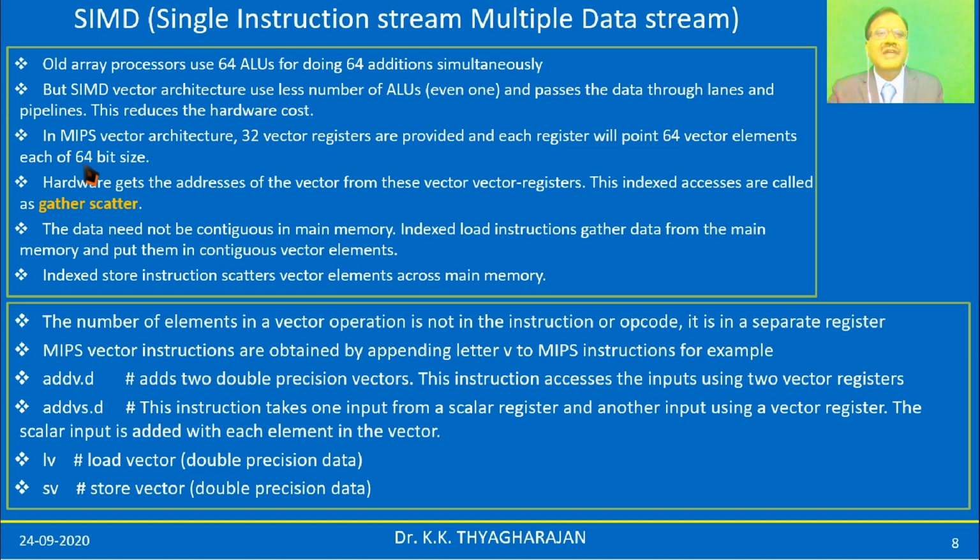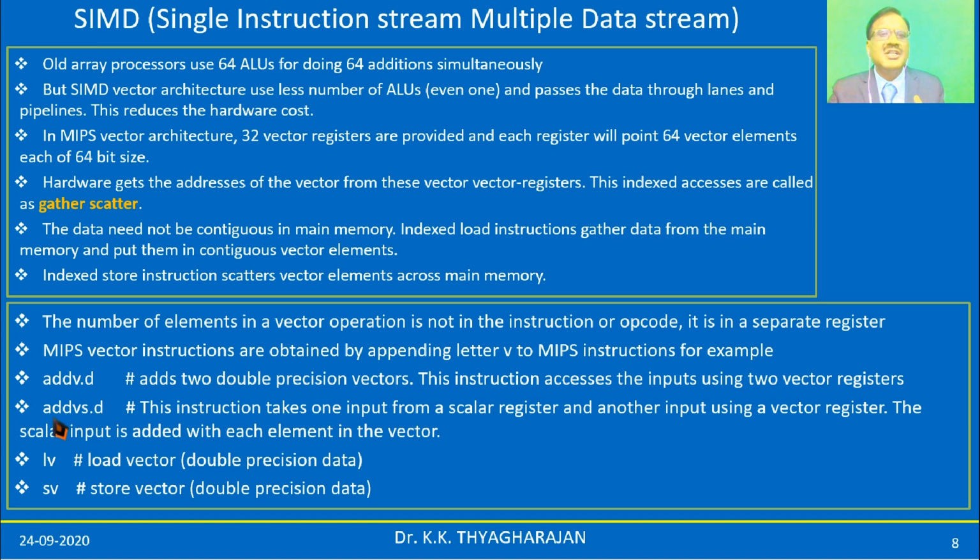Each element is 64 bits in size. That means it is double precision data. So ADDV.D will add two vectors and store the results in another vector.